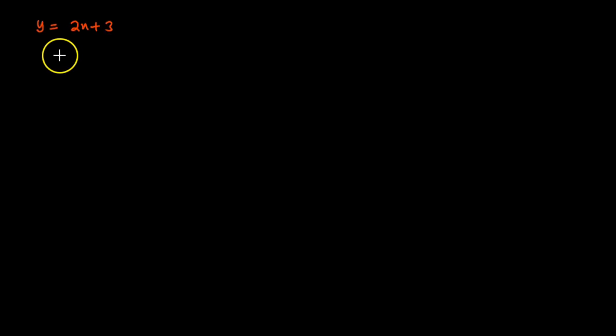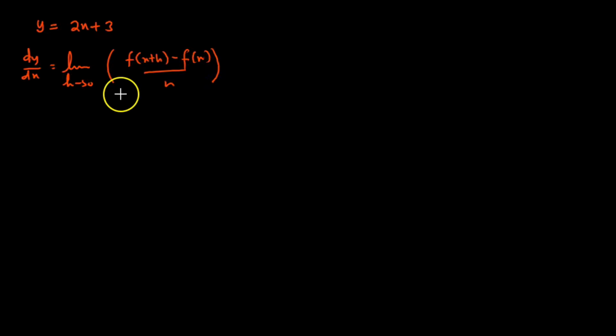Now, as we said, from first principle, what we need to bear in mind is that dy dx must be equal to the limit as h approaches 0 for f of x plus h minus f of x all divided by h.